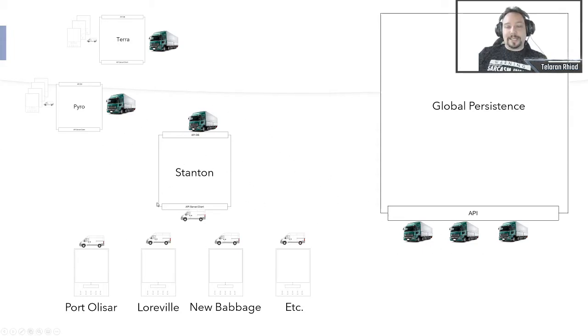So with the iCache, and that's also part of the query optimization they mentioned, it's about what should be put in the transporter. If you are in Port Olisar, you only need the information of Port Olisar from the iCache. All the other information is currently not necessary.